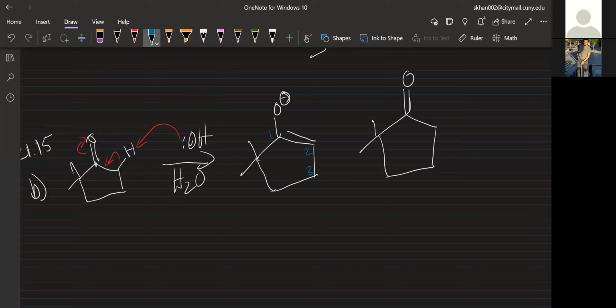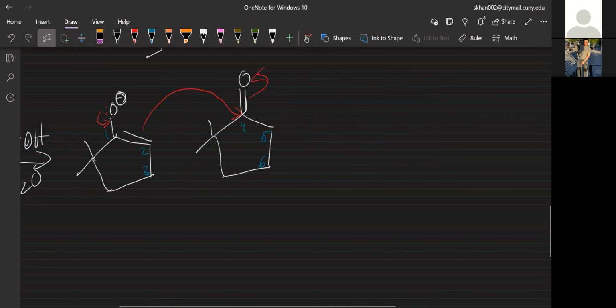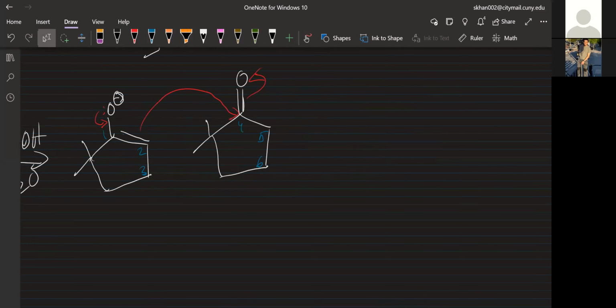And we'll call this 4, 5, 6. Then what happens here, right? Electrons push down. This attacks this, pushes this up, right? It's basically the same thing. The only difference now is your final product is going to be a beta hydroxy ketone.